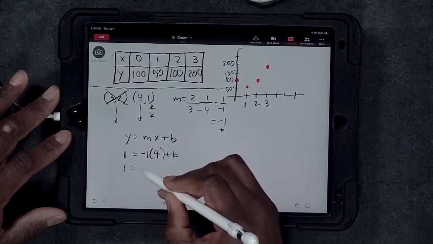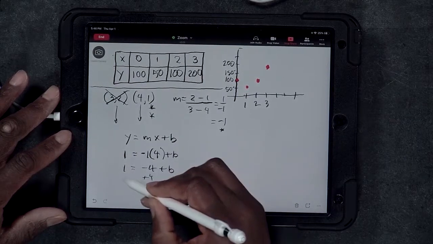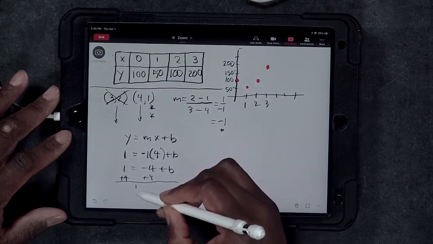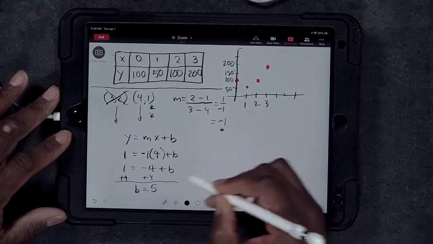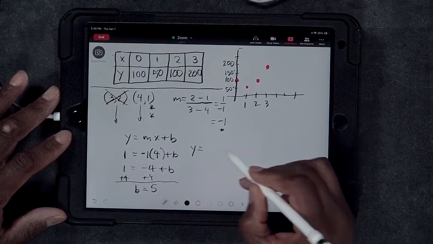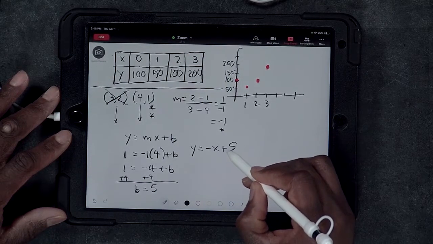You'd get 1 is equal to negative 4 plus b. You add the 4, and this is something that maybe you learned in Algebra 1, and you get the y-intercept is 5. You'd now have your equation, y is equal to negative 1x plus 5.